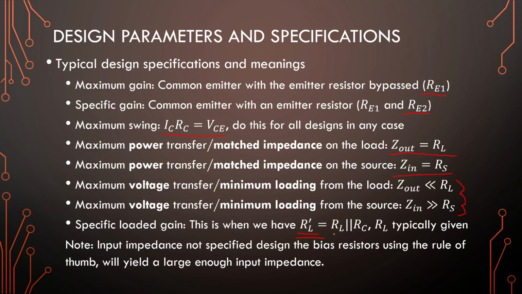And you will not be working with AV0 from the beginning, you will be working with AV, the loaded gain. So yeah, just a note, if input impedance is not specified, you can just go with a rule of thumb, and it will typically generate a large enough input impedance in any case.